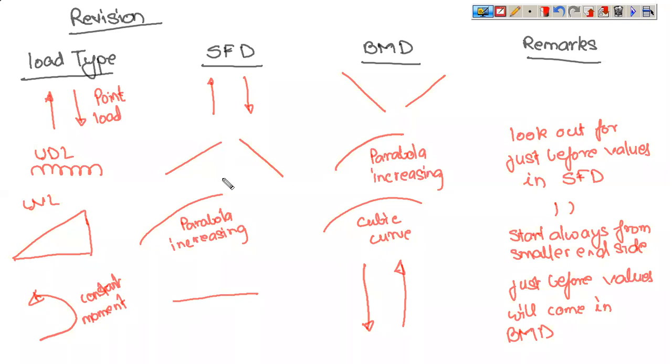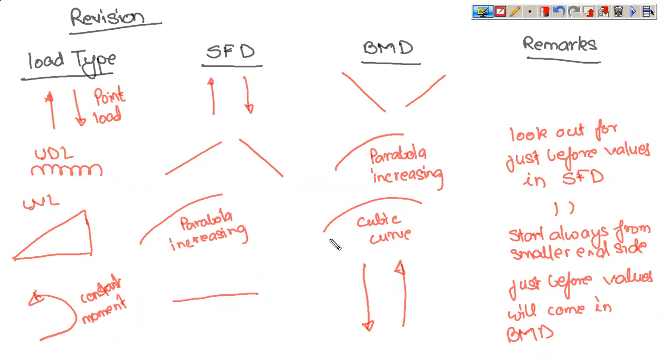You need to remember that in the case of uniformly distributed load, you need to search out just before values in the shear force diagram. In the case of uniformly varying load, UVL, you will have a parabola, always increasing, in the shear force diagram.